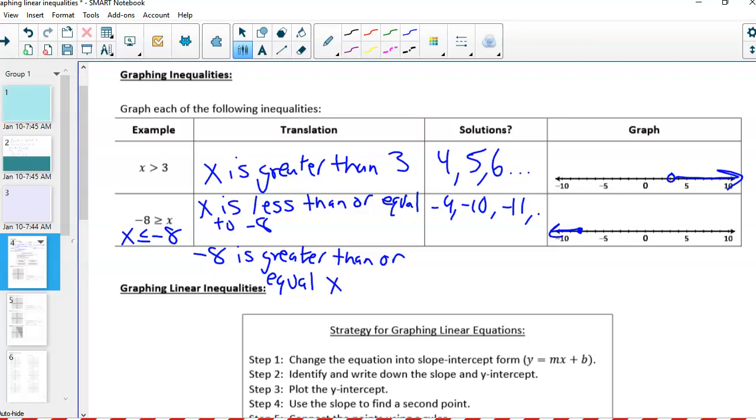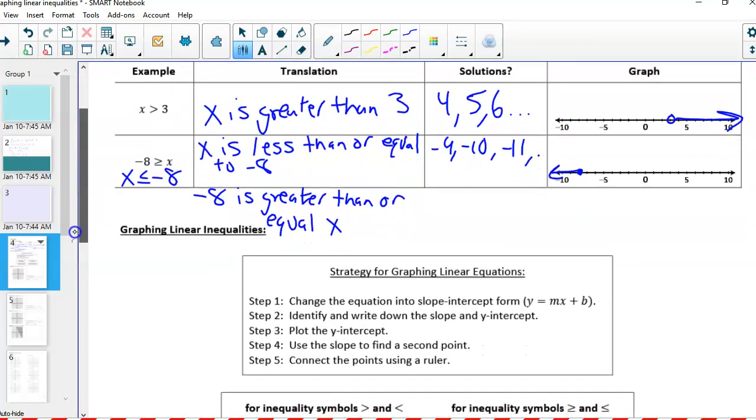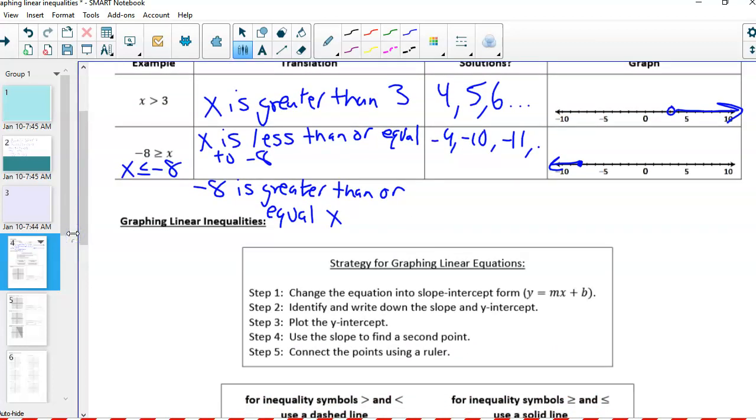It kind of helps you see that graph a little better. So those were our more basic types of inequalities. And now we're going to get into our actual linear inequalities. So imagine slope-intercept form, but now with inequalities.